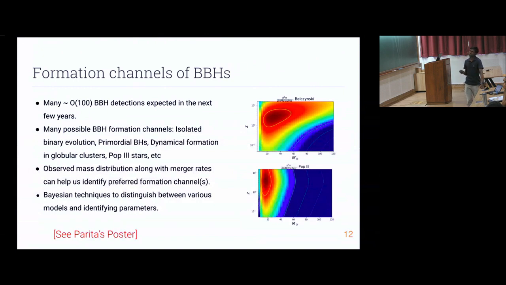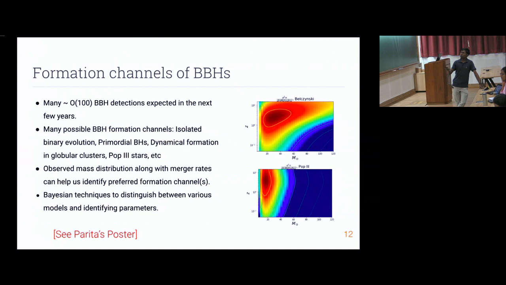And such mergers are produced through different formation channels. These are some examples. The isolated binary evolution. These are produced either by merging of primordial black holes, or dynamical formation in globular clusters, etc.